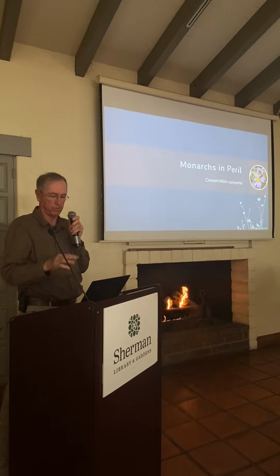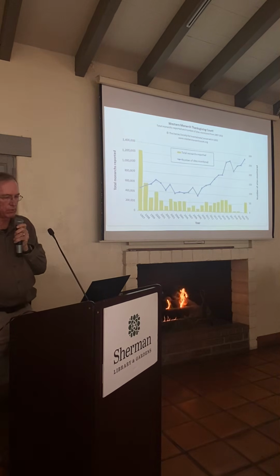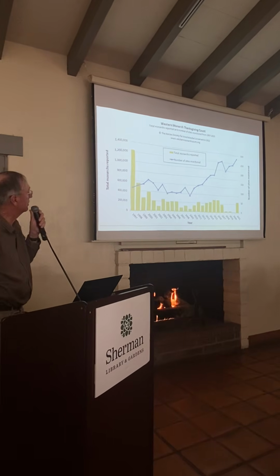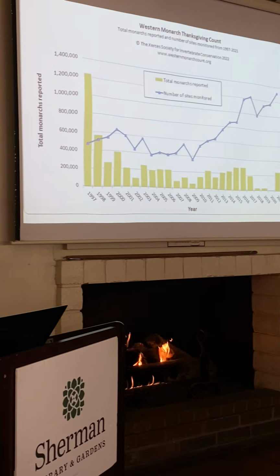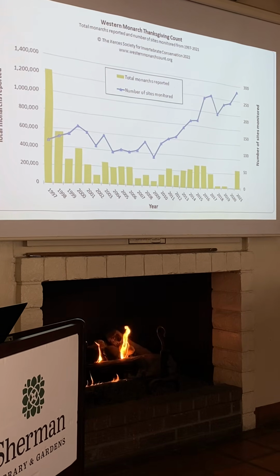Conservation. So we kind of talked a little bit about conservation. This chart is a really important chart that I want you to look at. This shows the monarch counts that I just talked about over the almost 30-year period, 23, 24-year period.